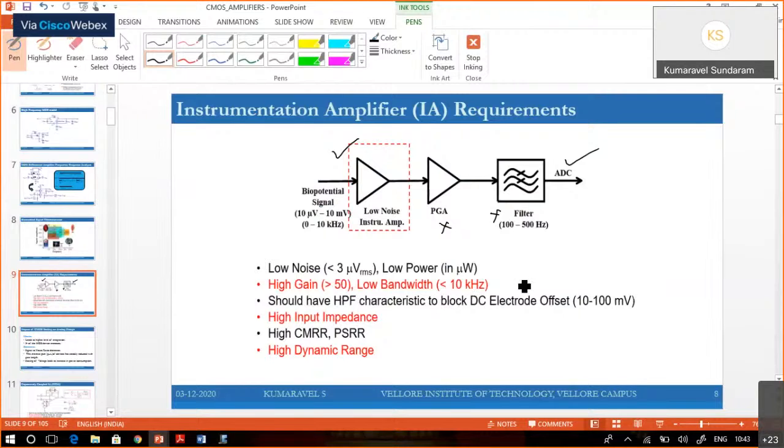Bandwidth should be less than, because the biomedical signal bandwidth is 10 kilohertz. And it should have a high pass filter characteristic to block the DC electrode offset. It should have high input impedance, high CMRR, PSRR, and high dynamic range. So these are all the constraints related to the instrumentation amplifier requirements.